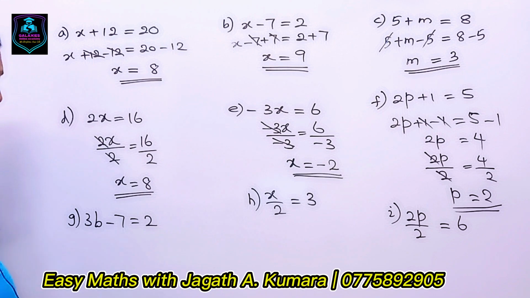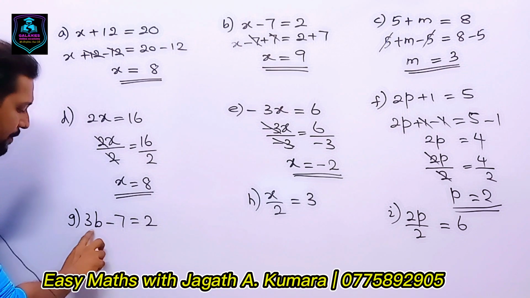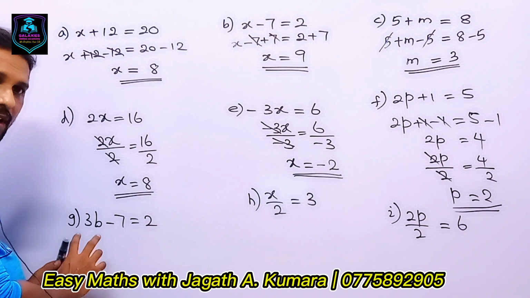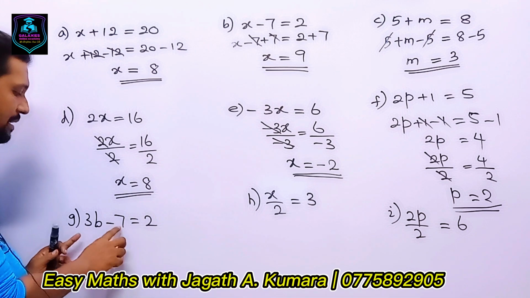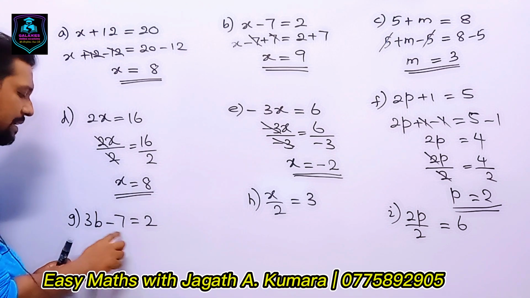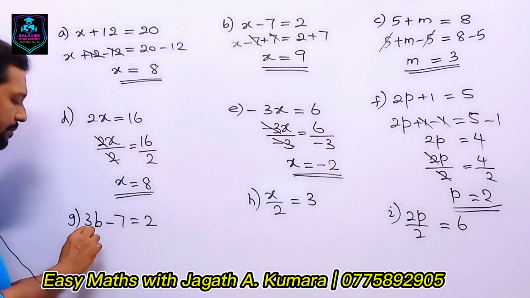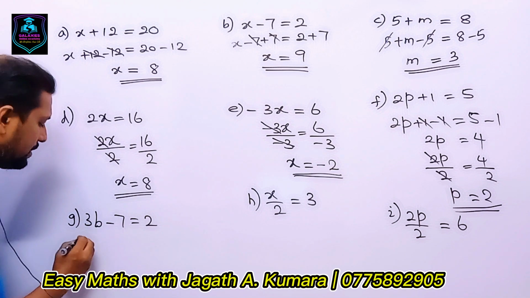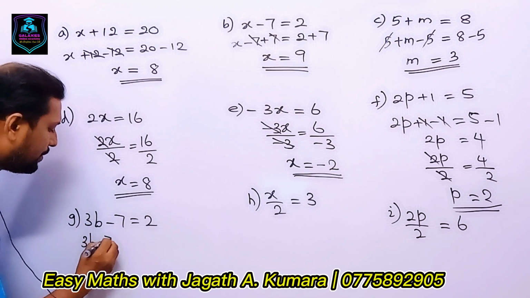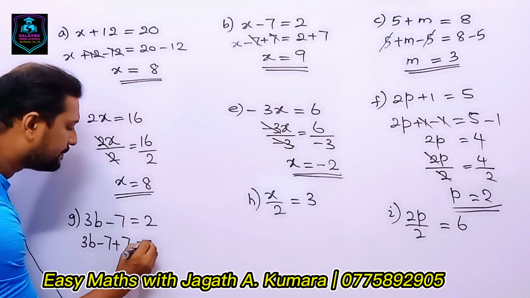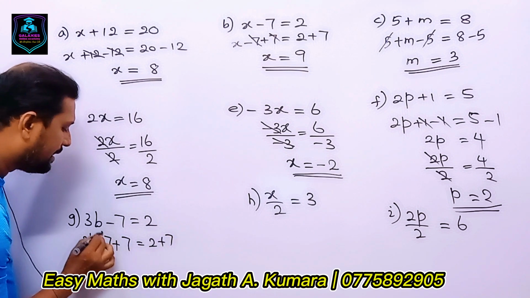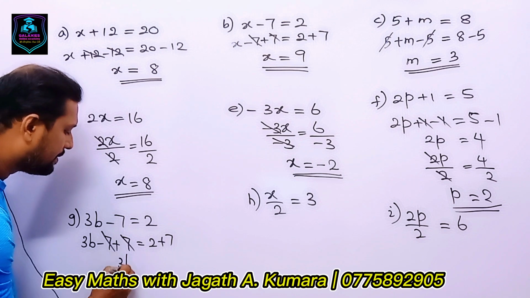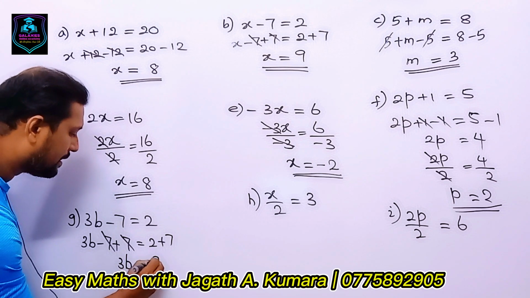Right, then let's check the answers of these 3 parts. First we can discuss this one. We want to find b. To find b, you have to remove 3 and 7. First you have to remove 7. 7 connects with subtraction. To remove it, on both sides you put plus 7. Then minus 7 plus 7 cancels. 3b equals 9.